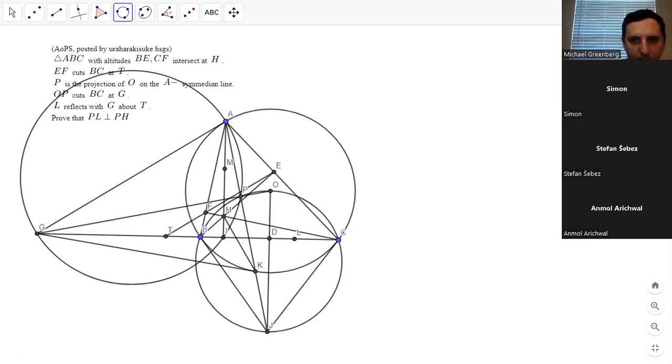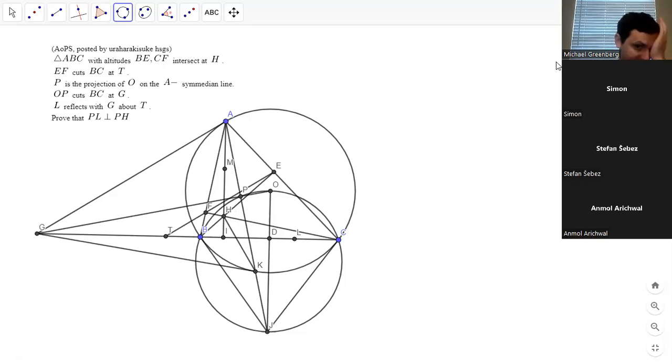But I'm going to hide that just for now. So we have AHK and PGT.